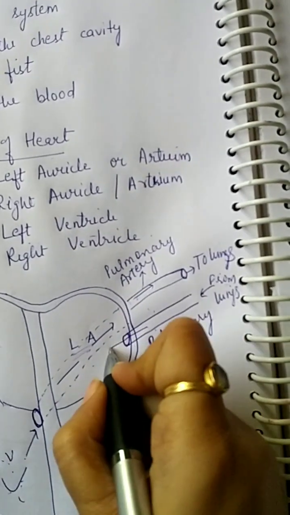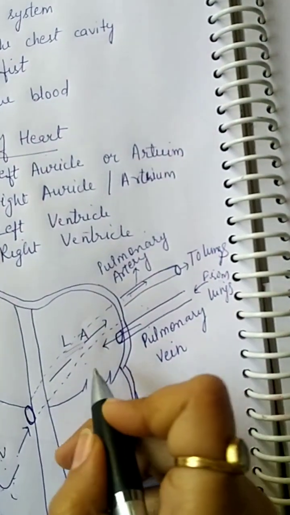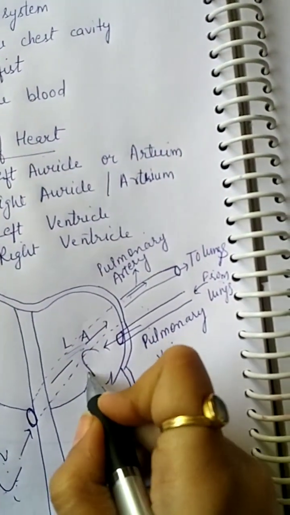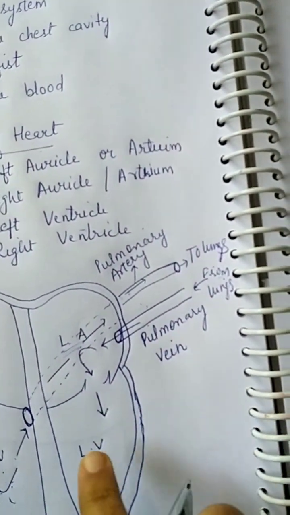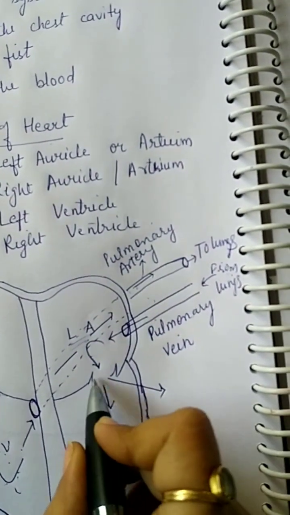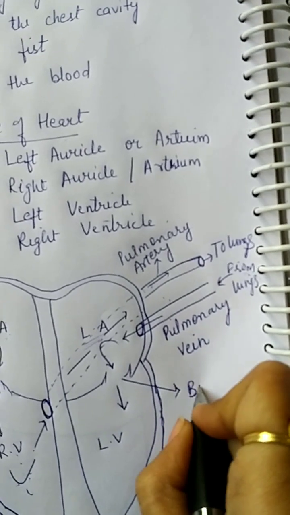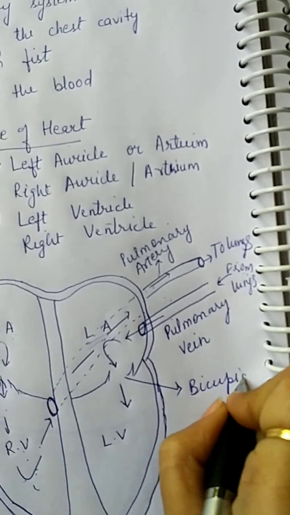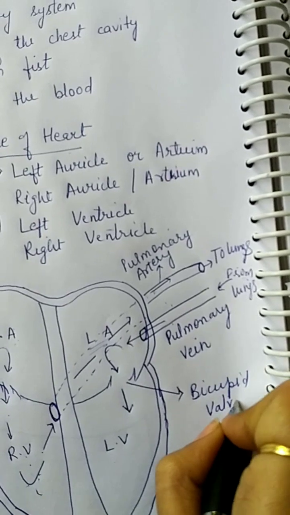Now blood comes to the left atrium. From left atrium, the blood flows to the left ventricle through bicuspid valve. Here two valves are there, so it is called as bicuspid valve. Okay.